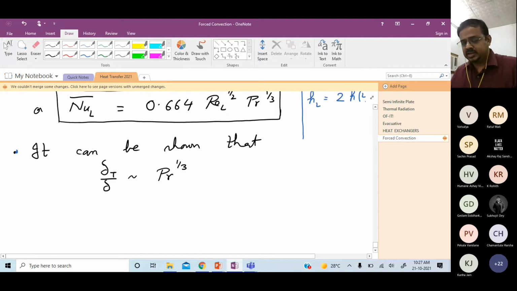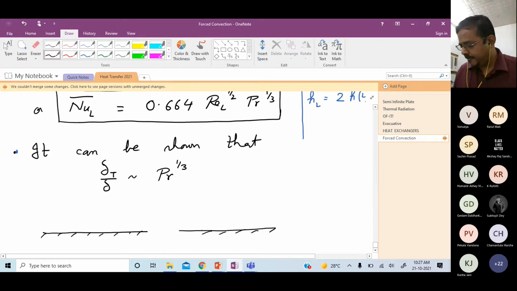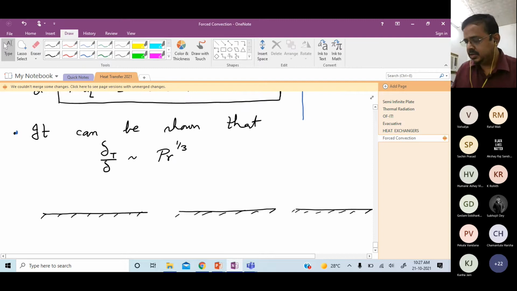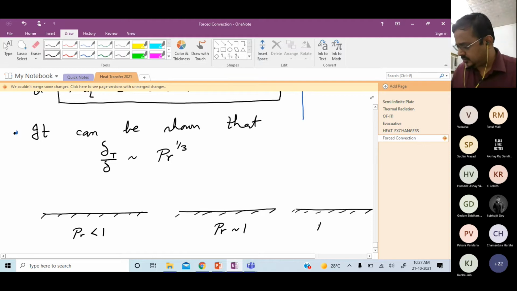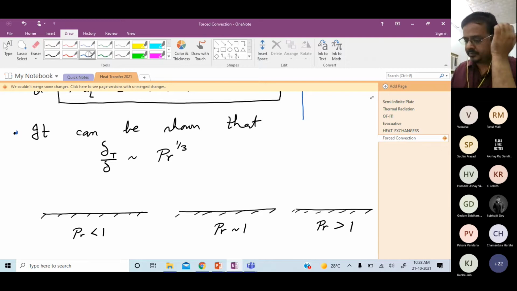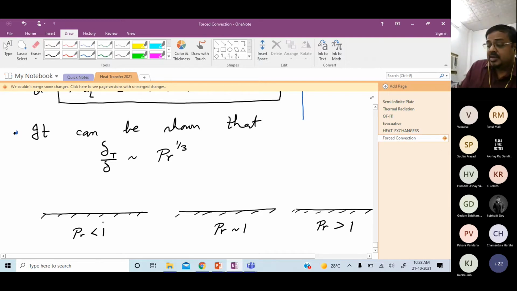So what does that mean? It means that if you take, let us take 3 cases. The first case is Prandtl number less than 1, Prandtl number equal to 1 or almost equal to 1, Prandtl number greater than 1.